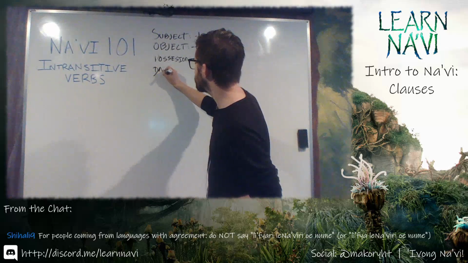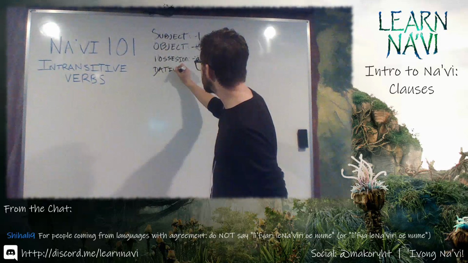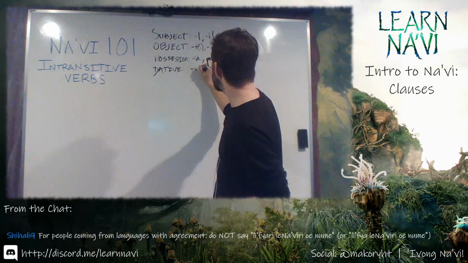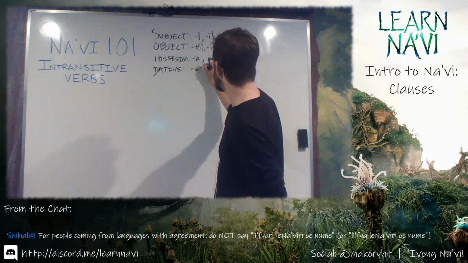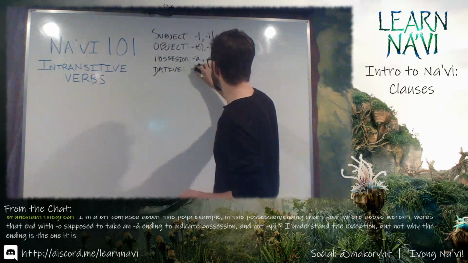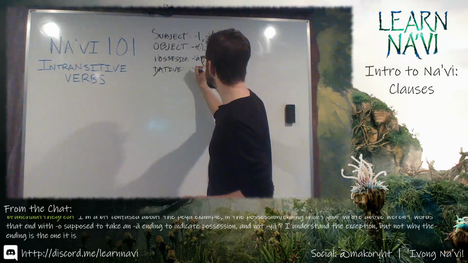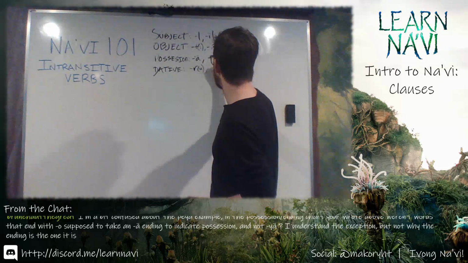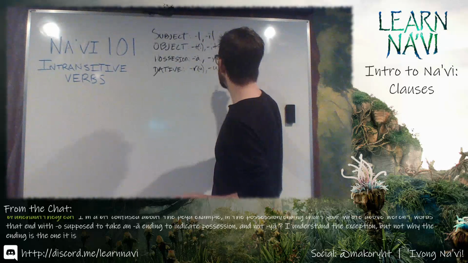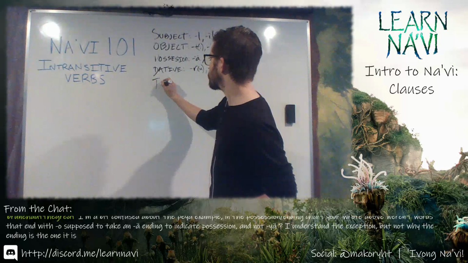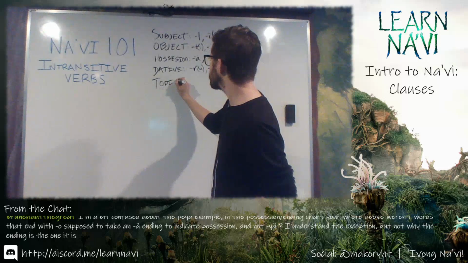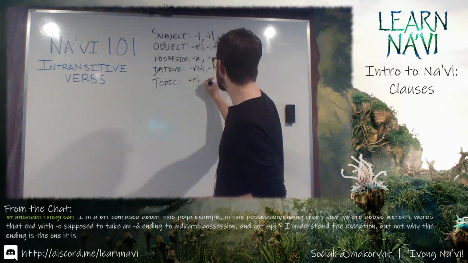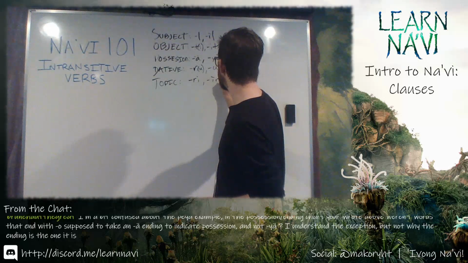Dative. We have... Not that one, sorry. We're doing consonant first. Root or would. And topic. We have ri or iri.